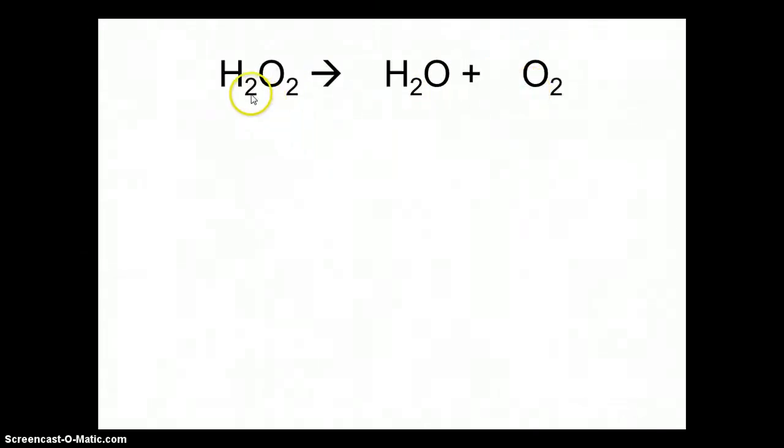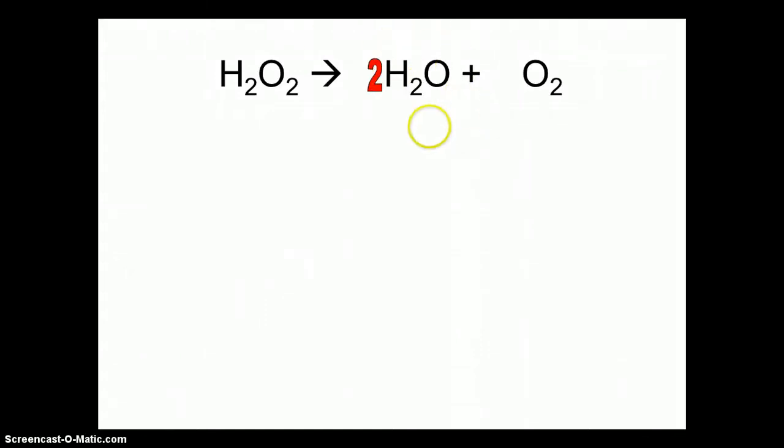Next is H2O2, which is hydrogen peroxide, breaking down into water and oxygen. And you can see this happen if you dump hydrogen peroxide out of the bottle. So on the left, I have 2 hydrogens. On the right, I have 2 hydrogens. On the left, I have 2 oxygens, and I've got 2 over here, but I have to add this one, so I have 3 on the right. Usually, if you have an odd number, it's best to start with even numbers.